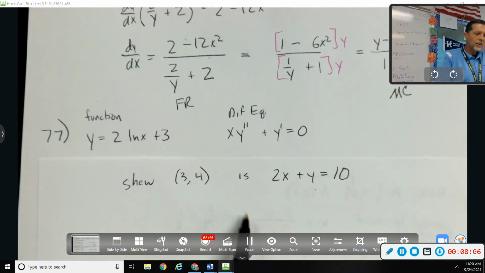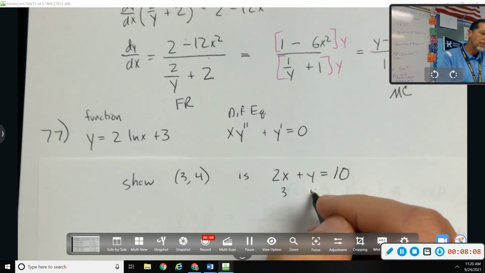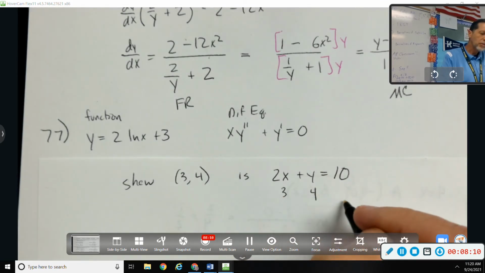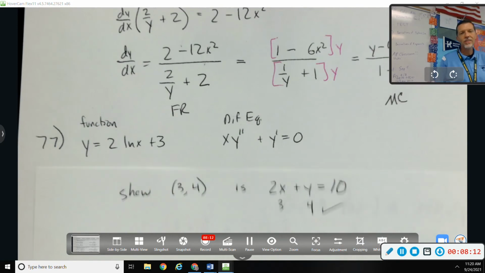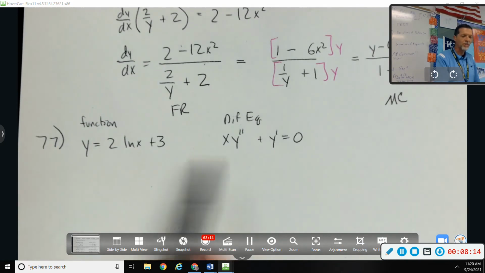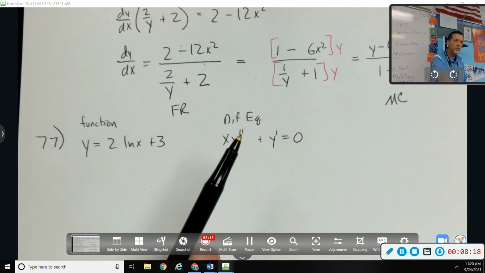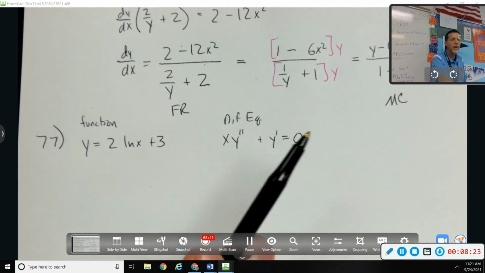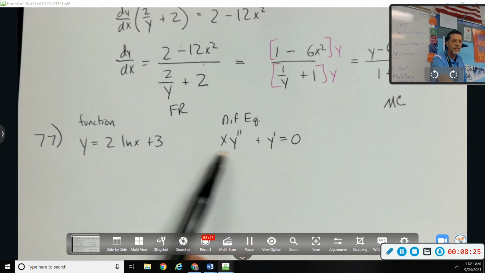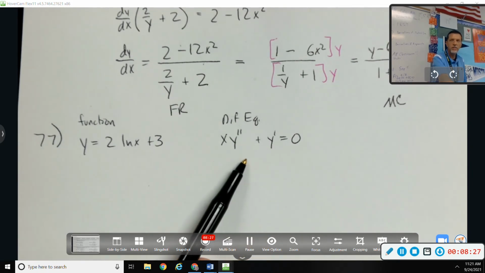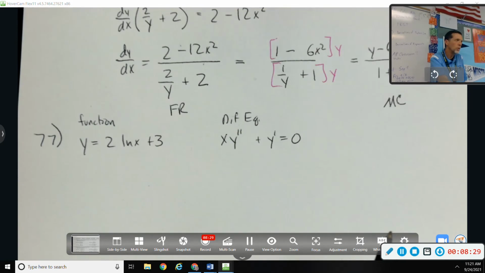Plug it in. You'd plug in 3 for x, 4 for y, 6 plus 4 equals 10. Okay, good deal. Well, this is obviously more complicated, but it's the same thought process. I will substitute in y double prime, the second derivative, and y prime, the first derivative, and show that it works. In fact, the fact that it says show means that it will work, just like 6 plus 4 was 10.